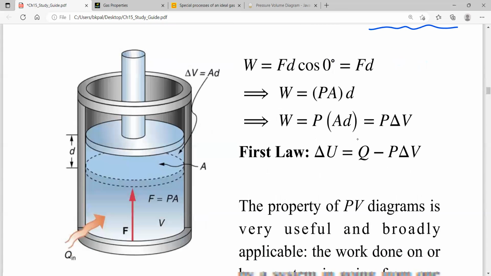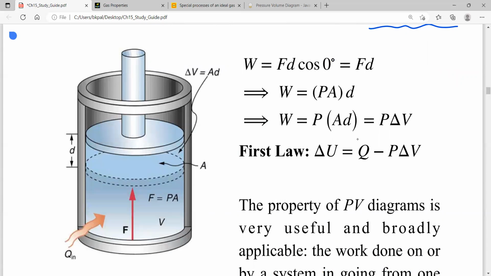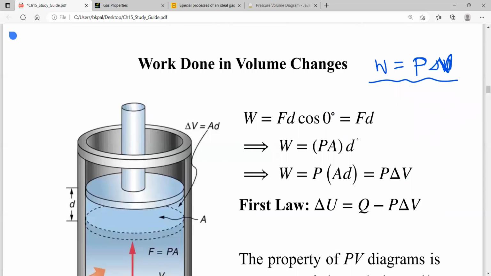To understand this, you need to know that P is pressure, and pressure is related to force by this equation. Pressure P is equal to force per unit area, or force is equal to P times A.